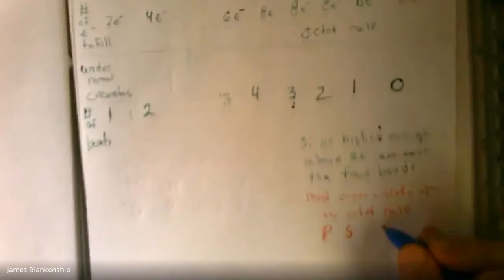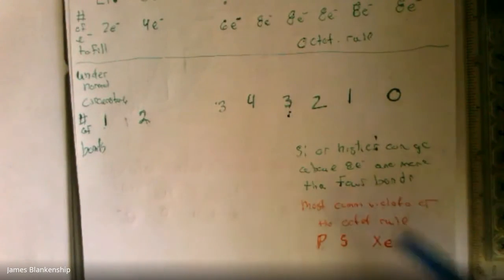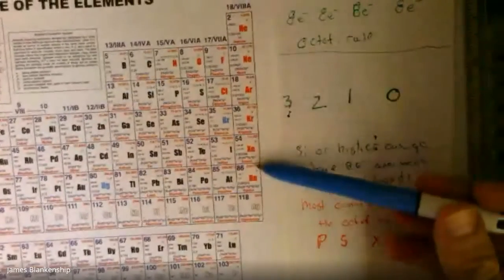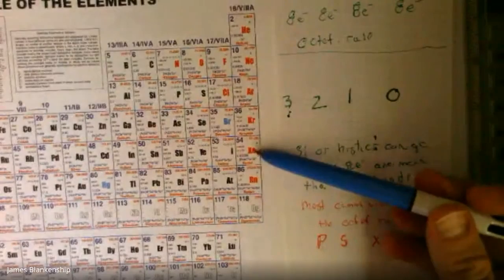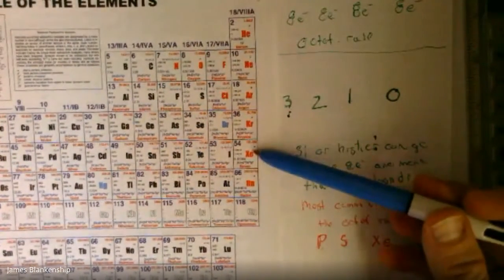The last one that is a violator is xenon. I know it's a noble gas, but it's so far down on the periodic table that it's so far removed from its nucleus that it can be very easy to pull off electrons and stick more on.